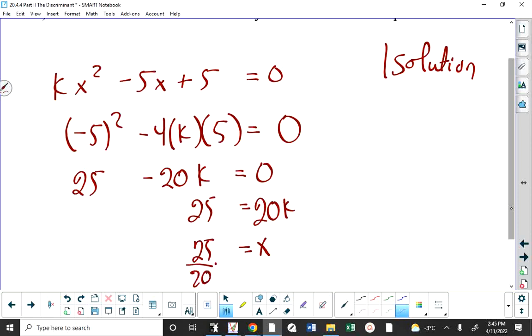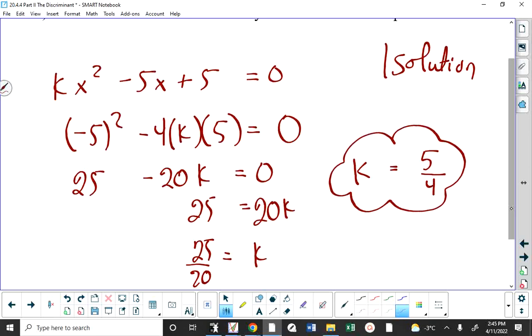So, oops, x is not the variable we're after. K, on the other hand, is 5/4.